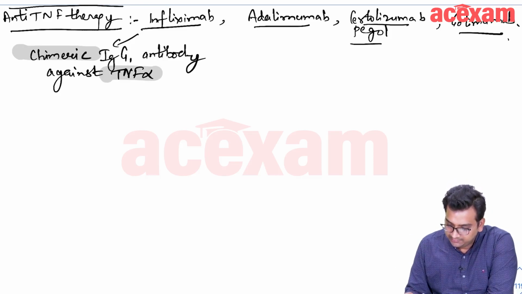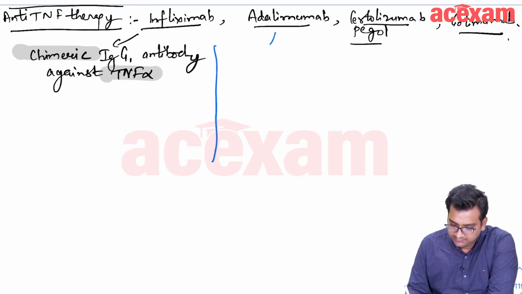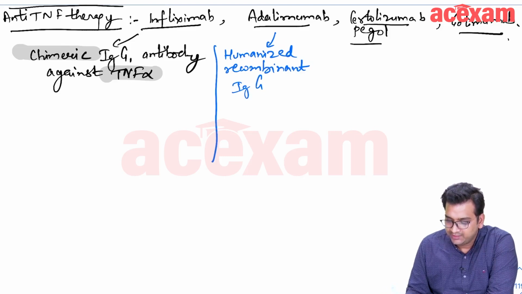Then this adalimumab is a humanized recombinant IgG1 monoclonal antibody against TNF alpha. Okay. This is against TNF alpha.